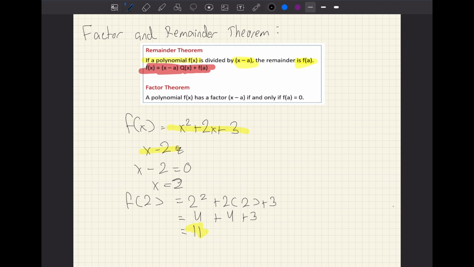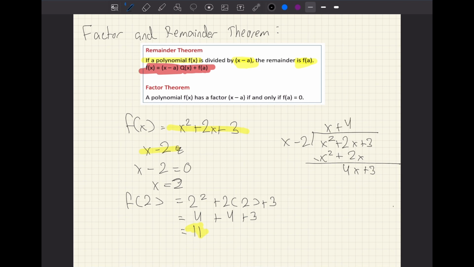Just to be sure, let's check it via division. This is a quicker way of dividing if you're only looking for the remainder; you won't get the quotient this way. So x minus 2: x squared minus 2x, change the signs, gives 4x plus 3.